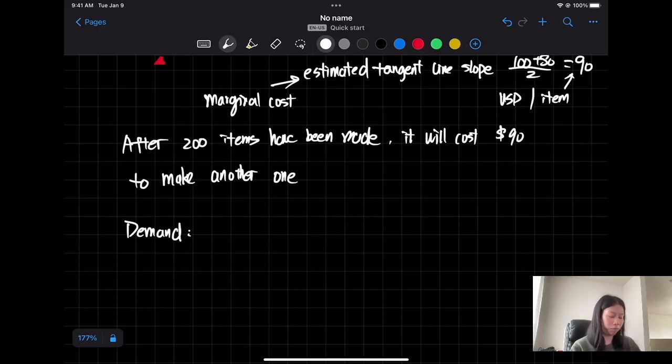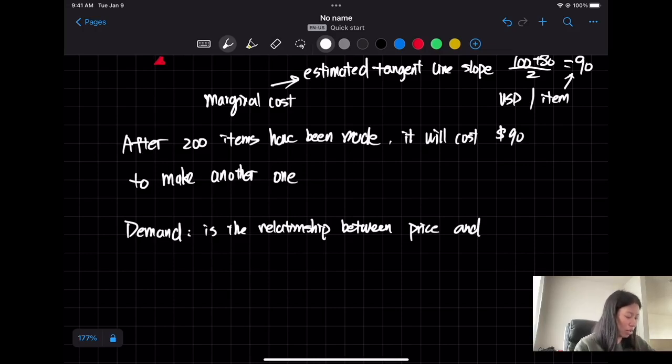So demand is the relationship between the price and the number of items produced.